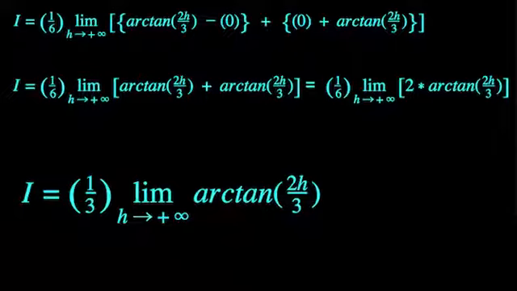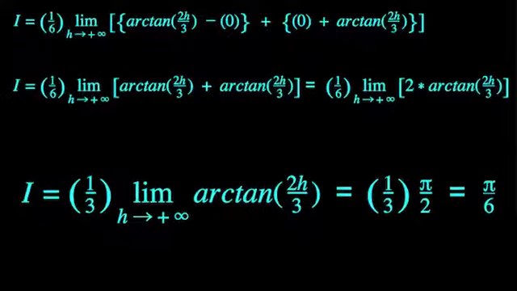Of course, 2/3 h also goes to infinity, and thus the arctangent at the limit of infinity is pi over 2, and multiplying that times 1/3 we get pi over 6. So that concludes the portion of this lesson on Weierstrass substitution.